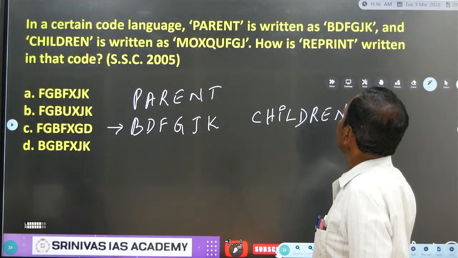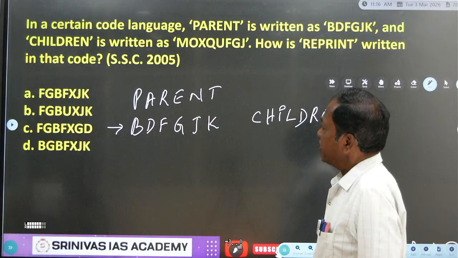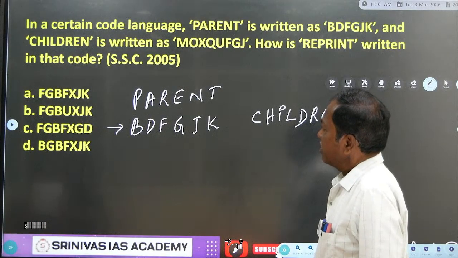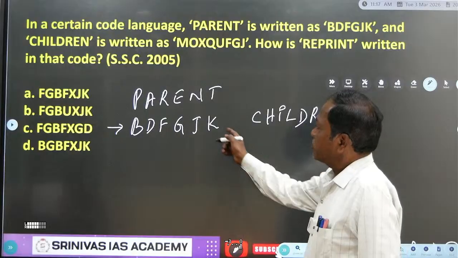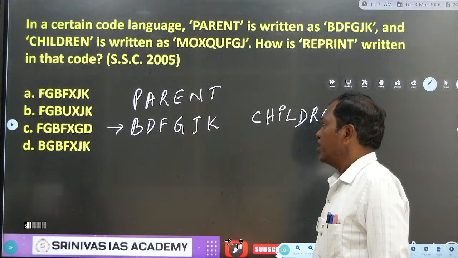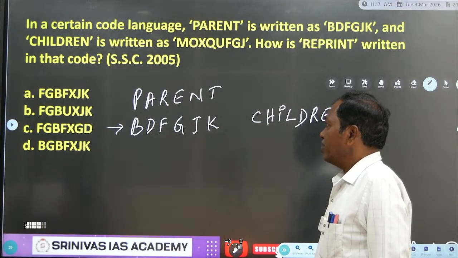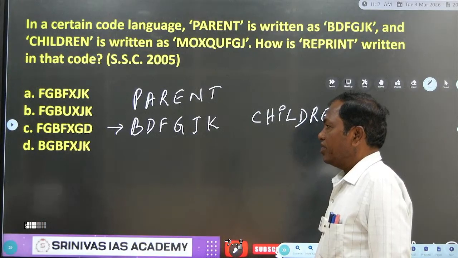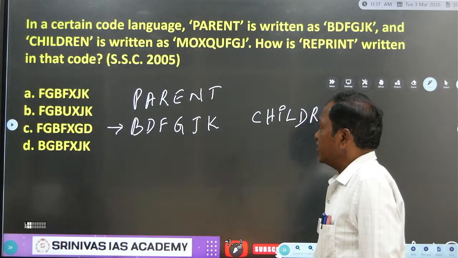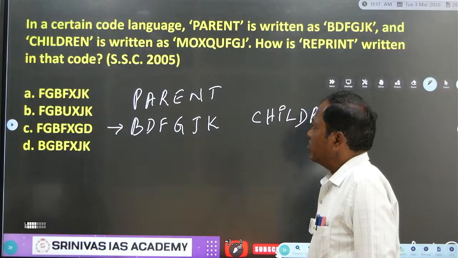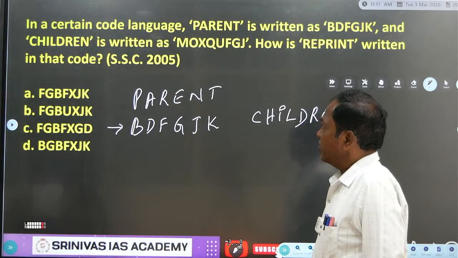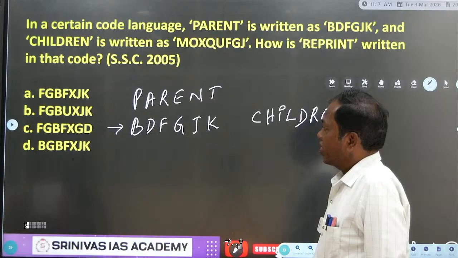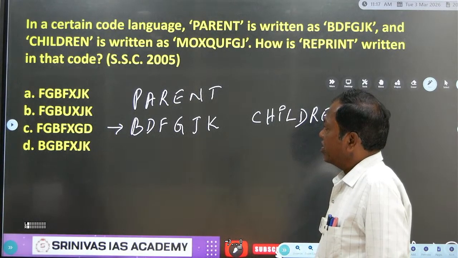Parent is written BDFGJK. That's right. If you see it reverse, if it started from K to P, what will happen? After K, L, M, N, O, P, fifth letter you can say. See, J, no. It's very far. BT is very far.